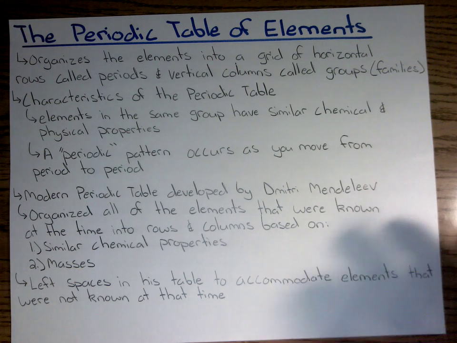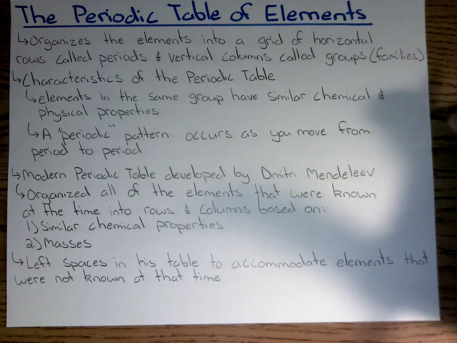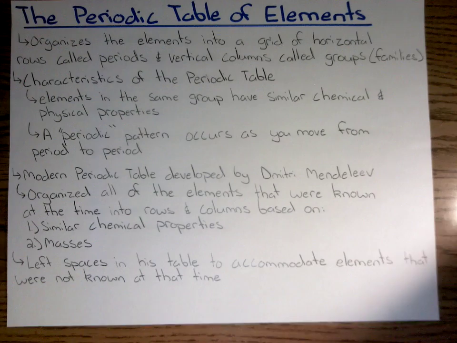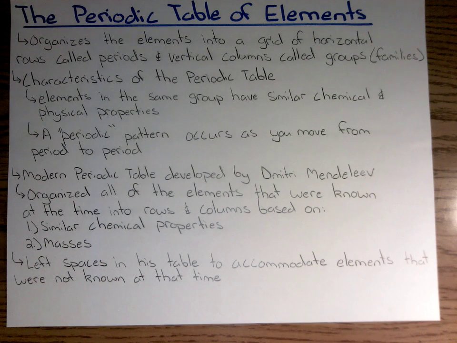And what's so amazing about this periodic table is that he was also able to predict the properties of these undiscovered elements. The ones he left spaces for, he was actually able to predict their properties down to some very specific details.